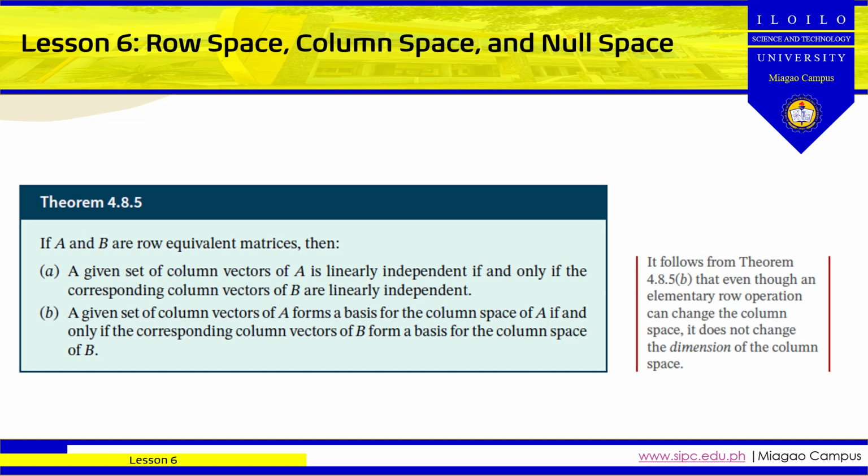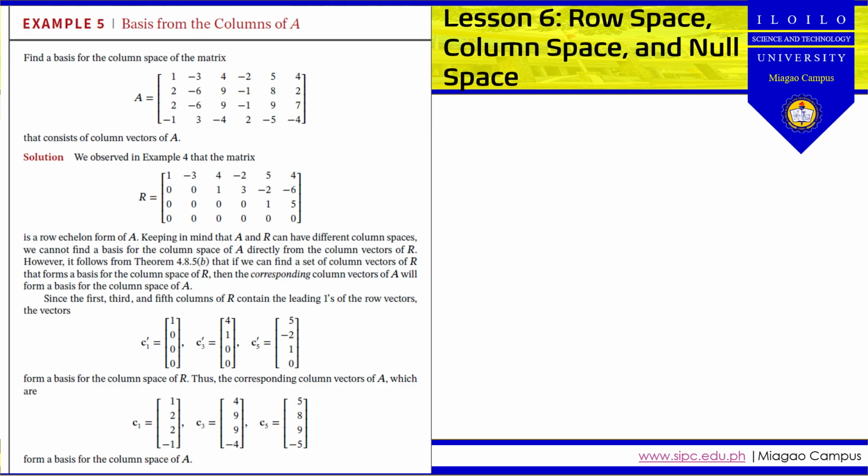So a given set of column vectors of A forms a basis for the column space of A if and only if the corresponding vectors of B form a basis for the column space of B also. So it follows, theorem 4.8.5b, that even though an elementary row operation can change the column space, it does not change the dimension of the column space. So we have here an example for this theorem.